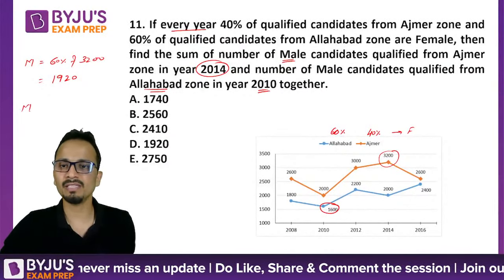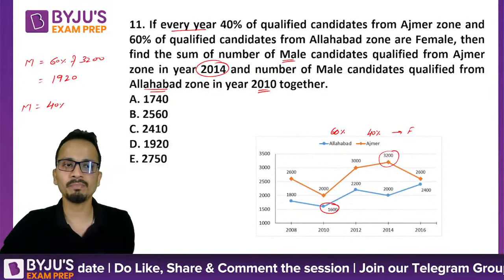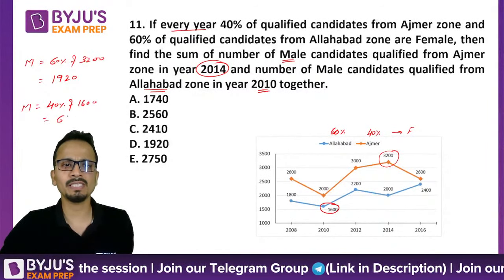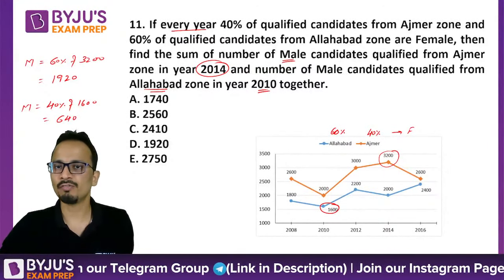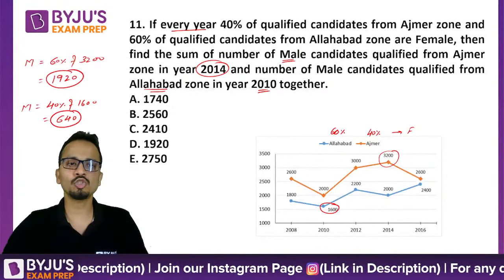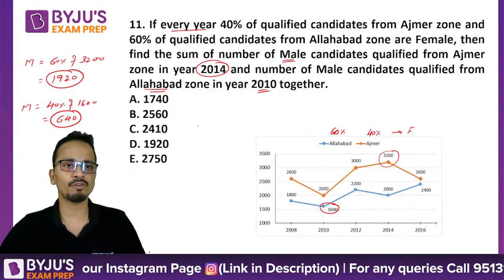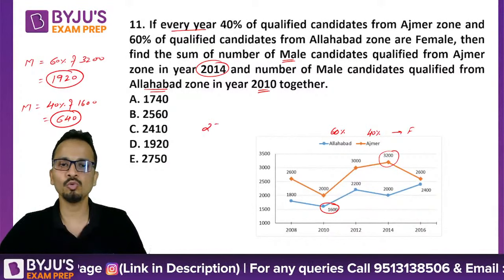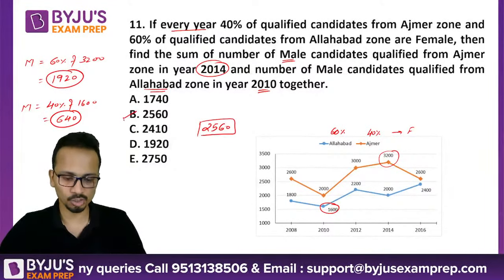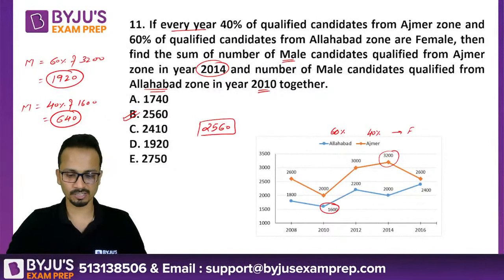So the number of males will be 40% of 1600, and that will come out to be 640. Now we have to find out the sum of these two numbers. So 1920 and 640. The sum will be 2560. So 2560, that is option B, is the correct answer.